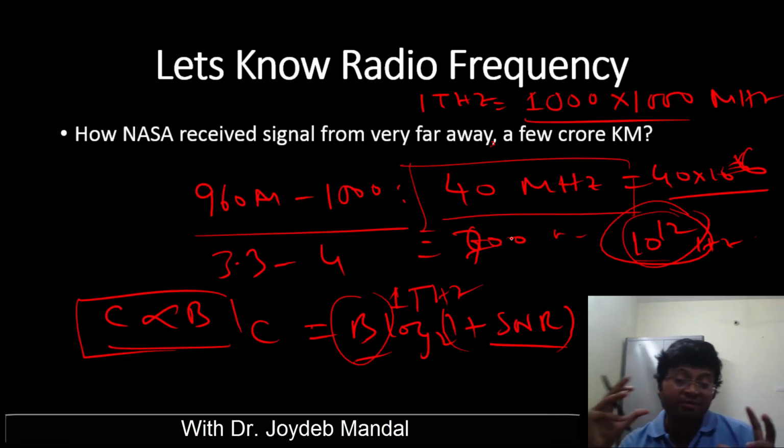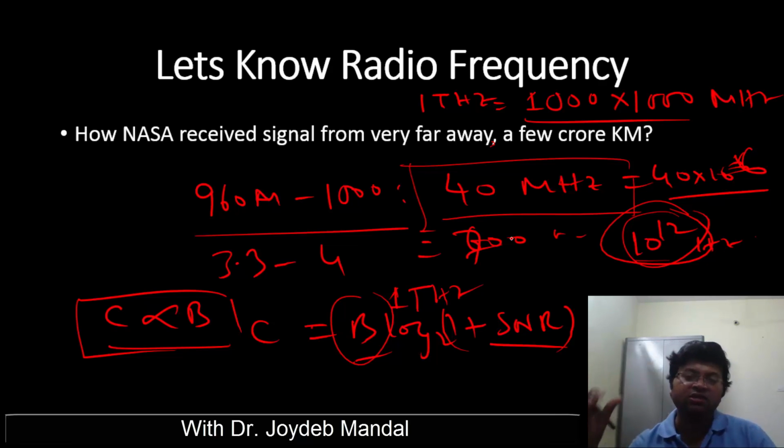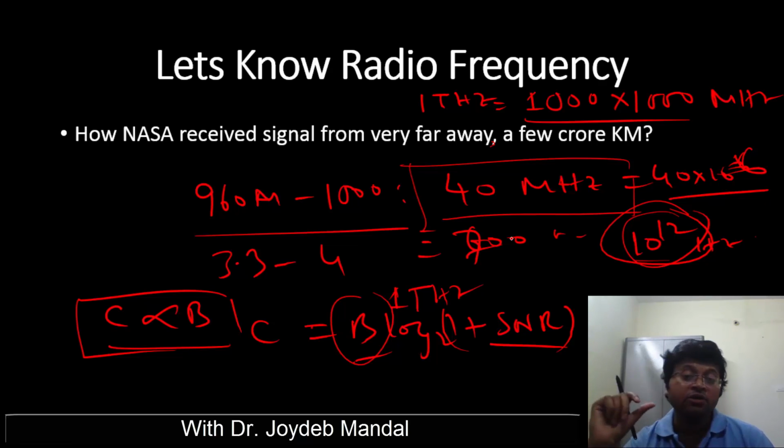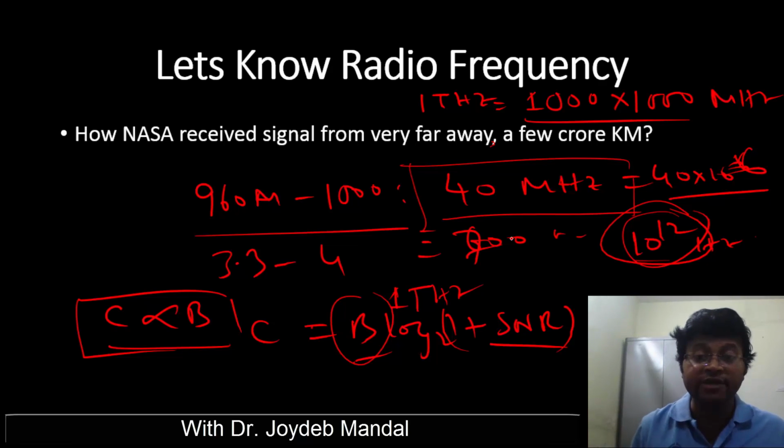Now for this channel capacity in long distance communication, we have to go to terahertz. Whatever design NASA or ISRO is doing for space applications is all about high frequency, because without high frequency we can't deal with this very small signal to noise ratio. Again, the RF engineer will take care of the noise. So that's all about how communication will happen. This is the basic fundamental.